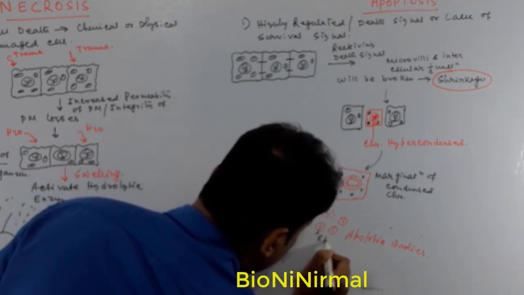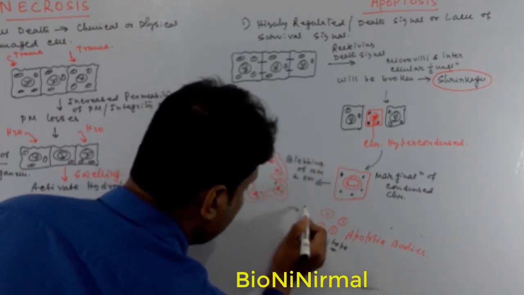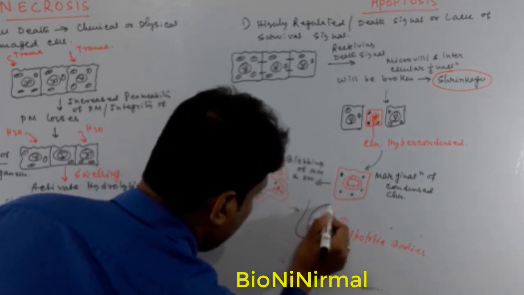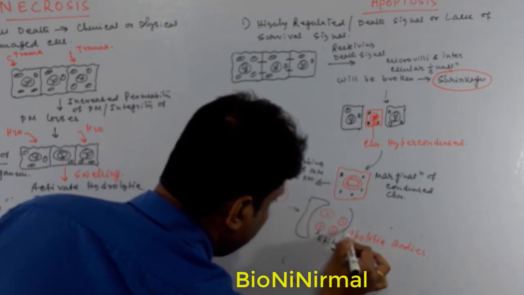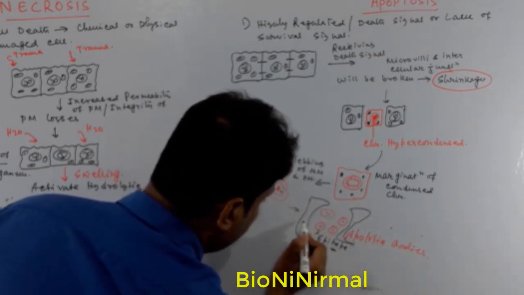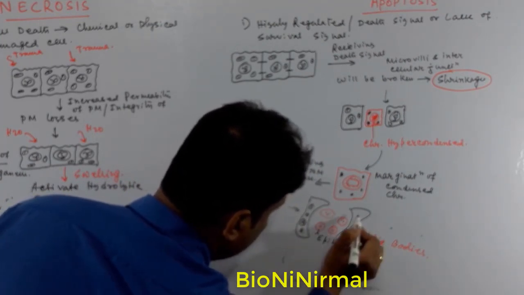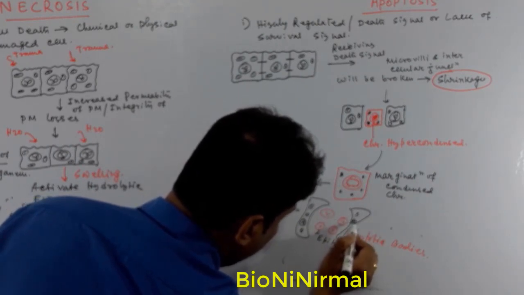So this will produce the epitope, right, and this epitope actually causes the engulfment by surrounding cell. So these are the surrounding cells, which actually phagocytosed these apoptotic bodies, right.